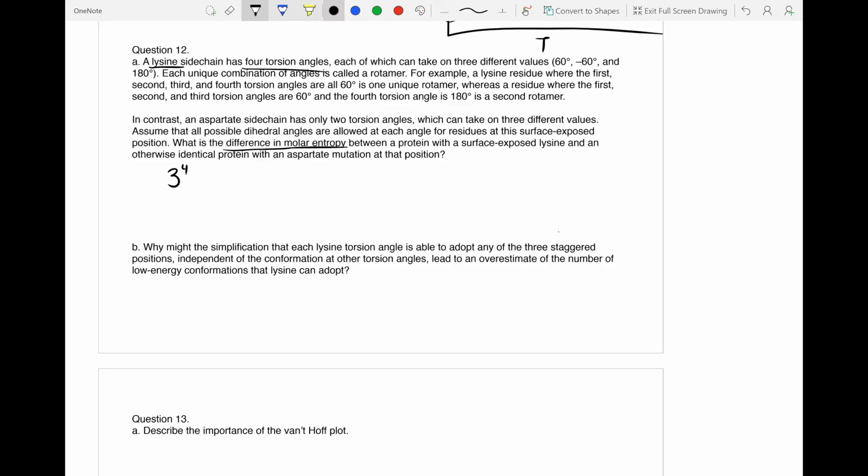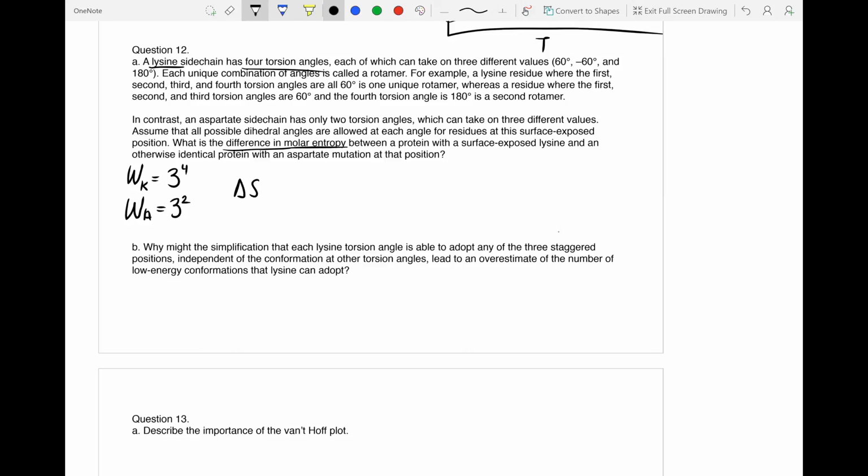So that's going to give us a total number of combinations of 3 to the 4th. So the multiplicity for lysine is going to be 3 to the 4th, whereas for aspartate, it only has 2 torsion angles, so there will only be 3 squared, or 9, different combinations.